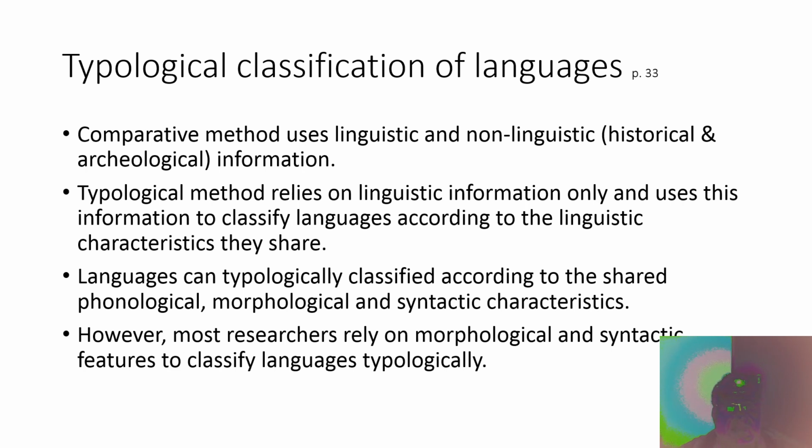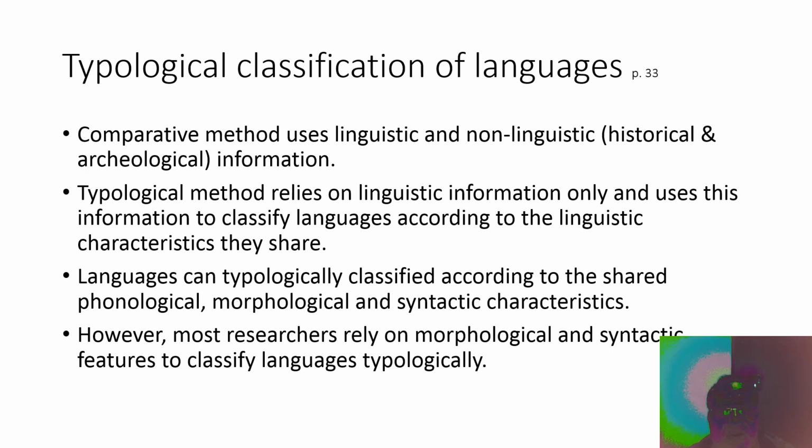So languages can typologically be classified according to some shared phonological, morphological, and syntactic characteristics. Remember, the typological method is based on phonological, morphological, and syntactic characteristics. And this means that this method relies again only on linguistic evidence.